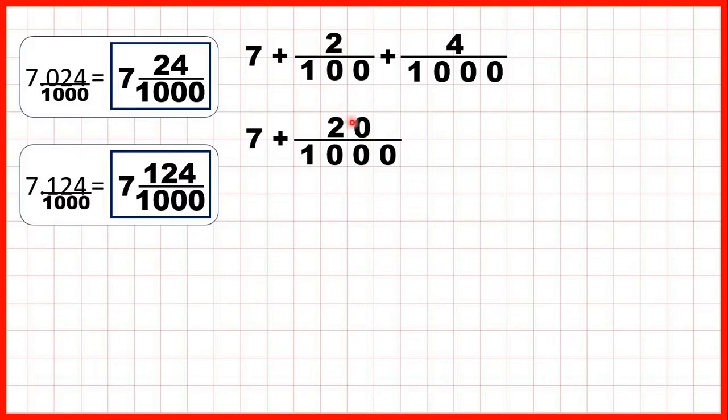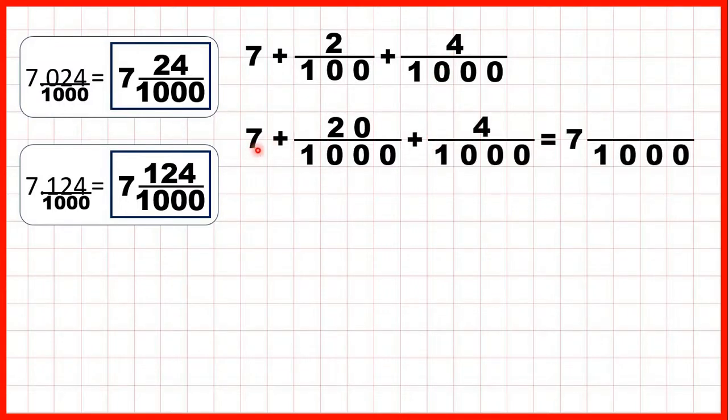These fractions are equivalent because we can use multiplication to find equivalent fractions, and 100 times 10 is 1,000. What we do to the denominator, we do to the numerator as well, and 2 times 10 is 20. So then, if we add the 4 thousandths, we still have 7 wholes, but we have a common denominator.